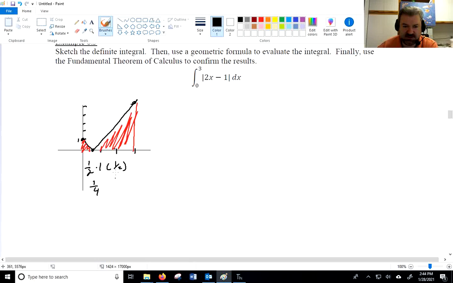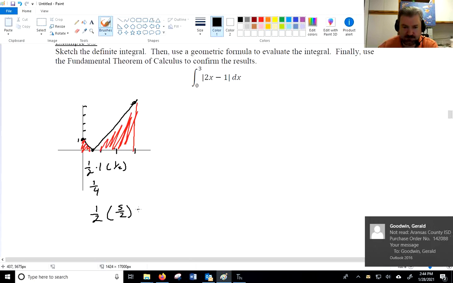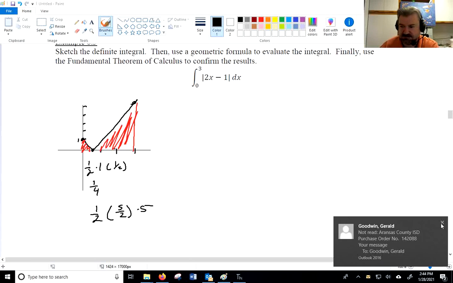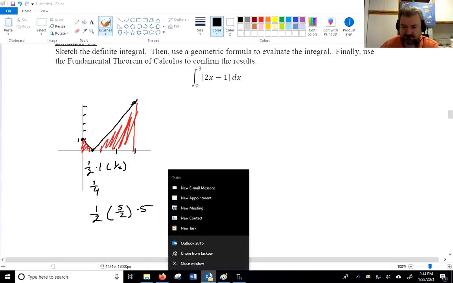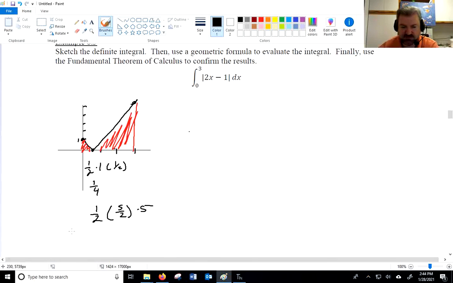So we'll say 2.5 for the base, which would be 5/2, and then the height is 5. So then that's going to become 25 over 4 plus 1 over 4, which is 26 over 4, or 13 over 2.